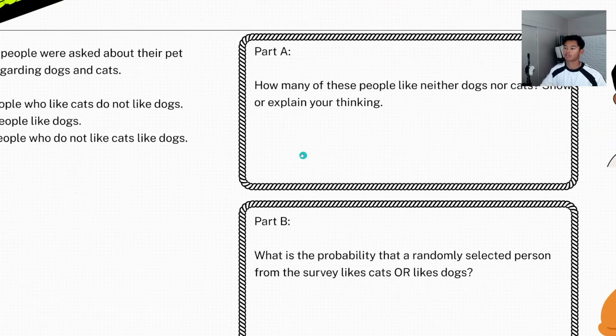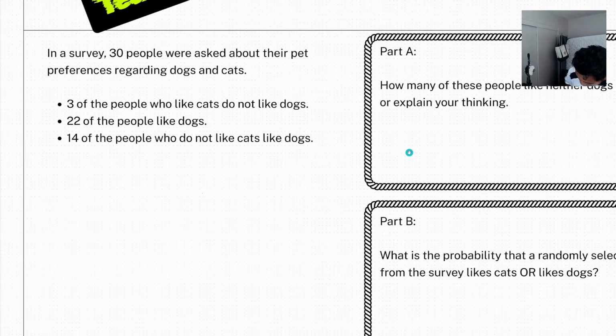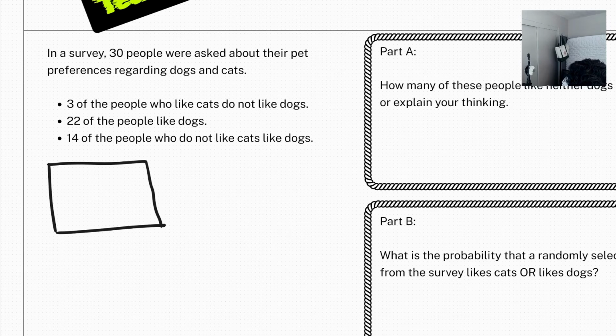So let's go ahead and zoom in a little bit here. I'm going to make a table first using the information they gave us. And the first category that I want to have are people who like dogs versus people who don't. Let me use a different thickness.